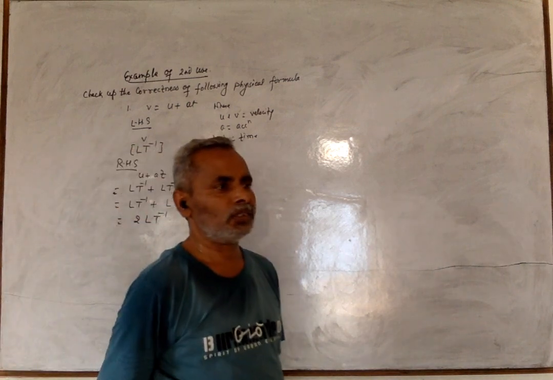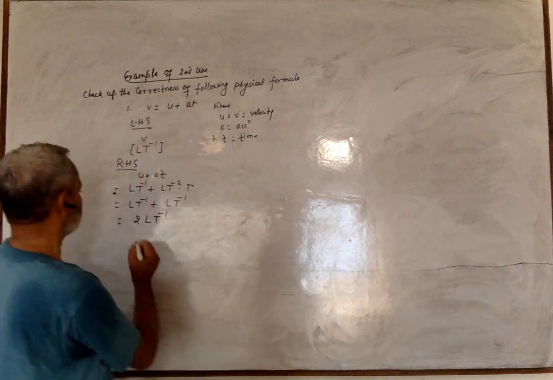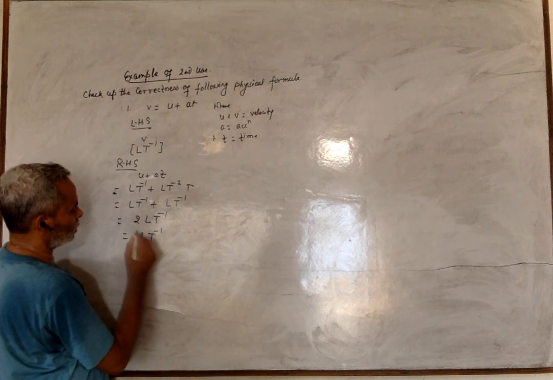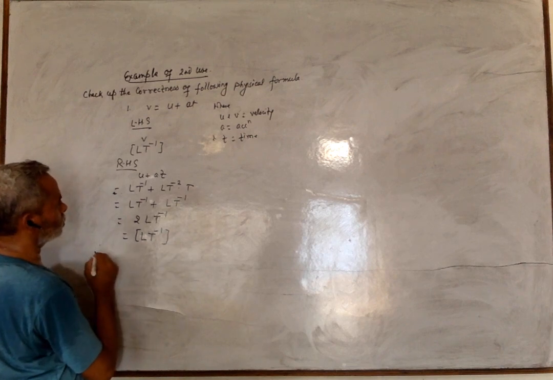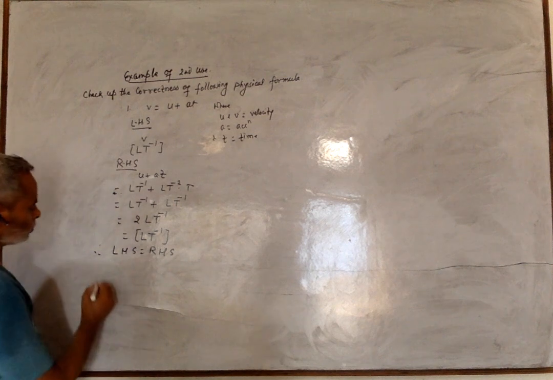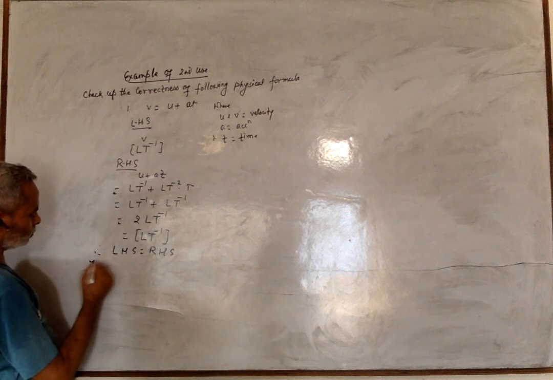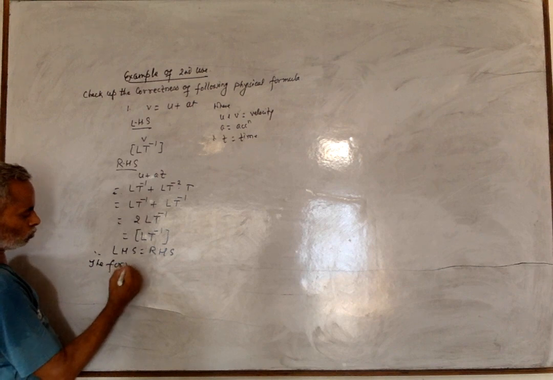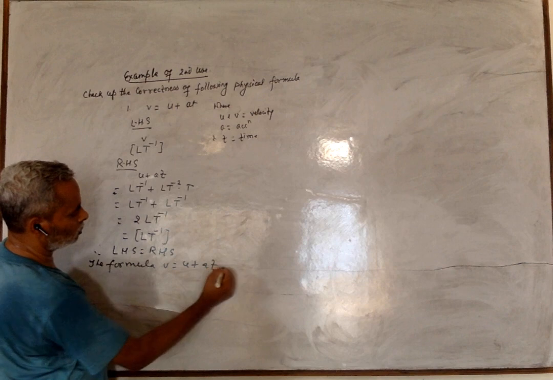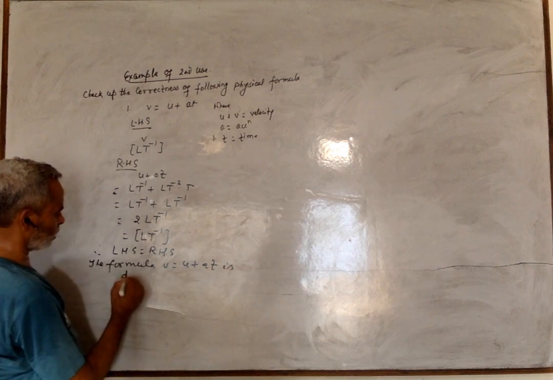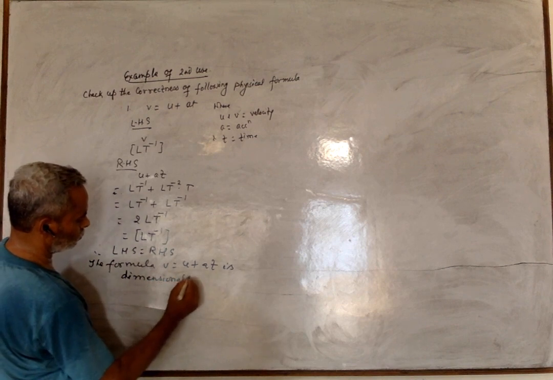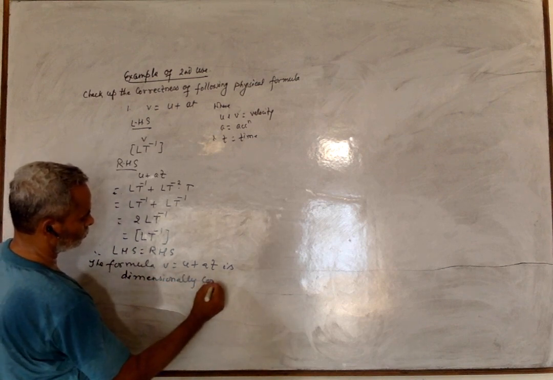The digit is dimensionless, therefore we leave 2 and finally we have LT minus 1. Therefore LHS equal to RHS. That is, the formula V equal to U plus AT is dimensionally correct.